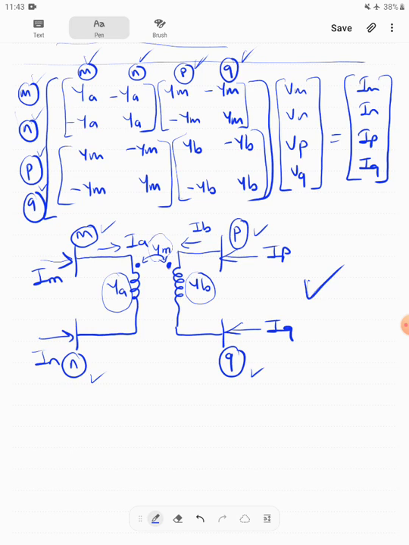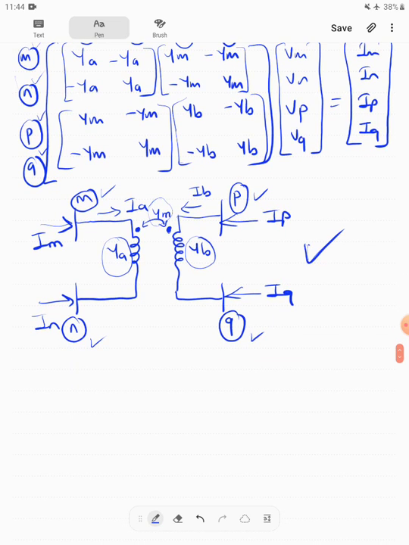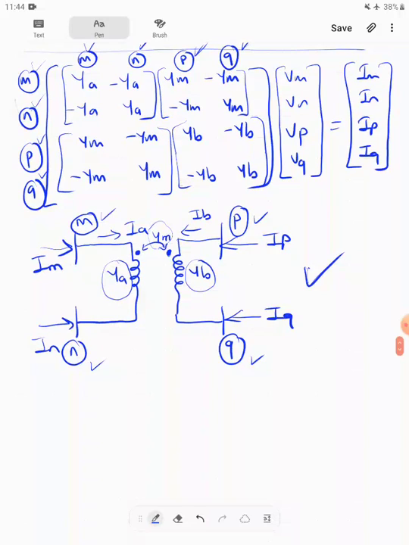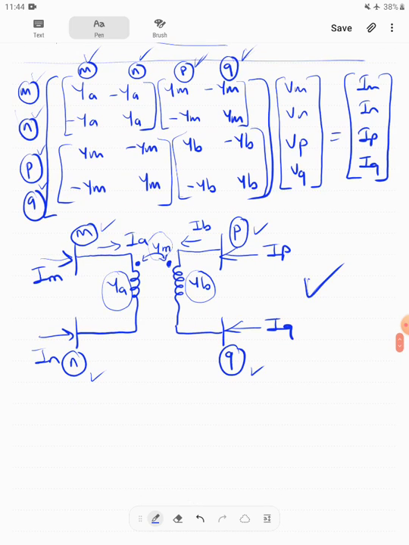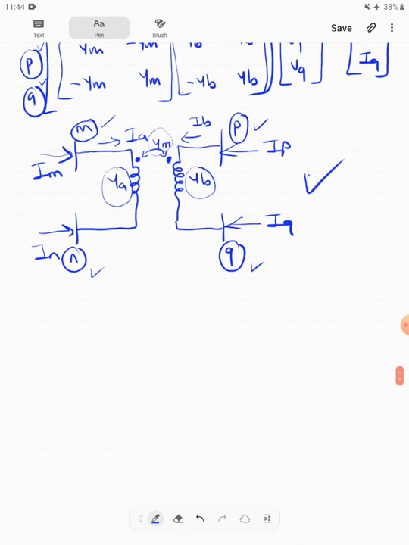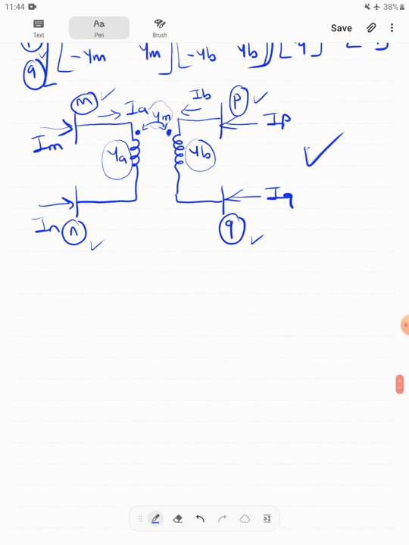And here you always write MN and MN. So here we discover how the dot locations of the Ym are used when constructing this overall admittance matrix.